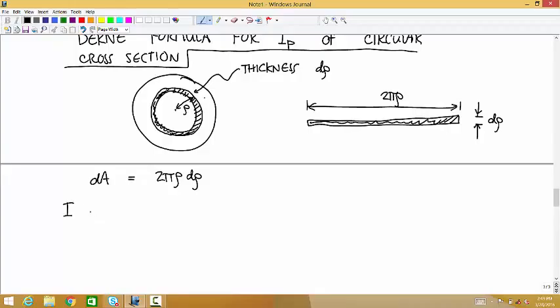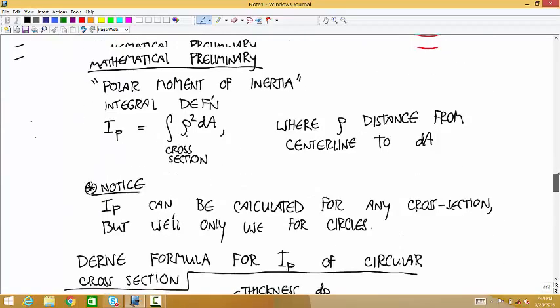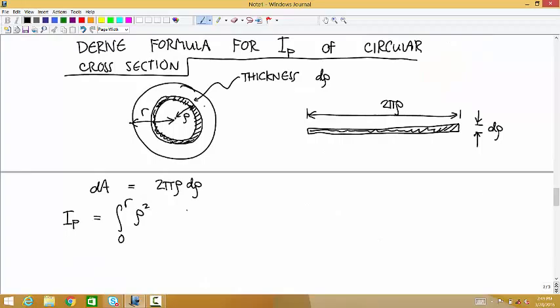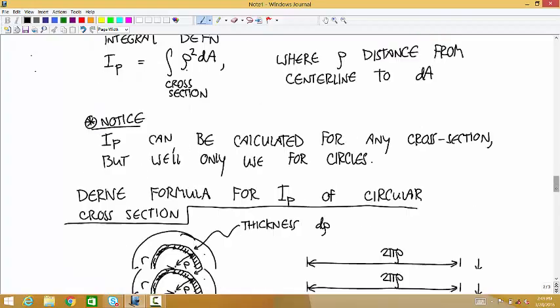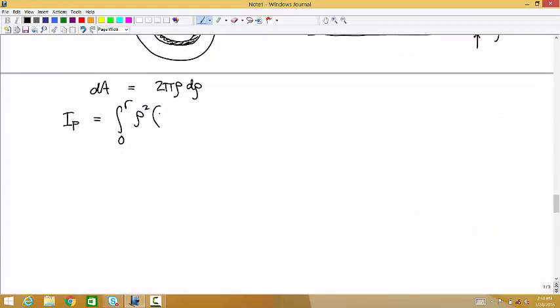Now I sub p is the integral from 0 to r, where this variable r is the radius of the entire shape. Using the definition, the integrand has to be rho squared times dA, so this is rho squared times our expression for dA.